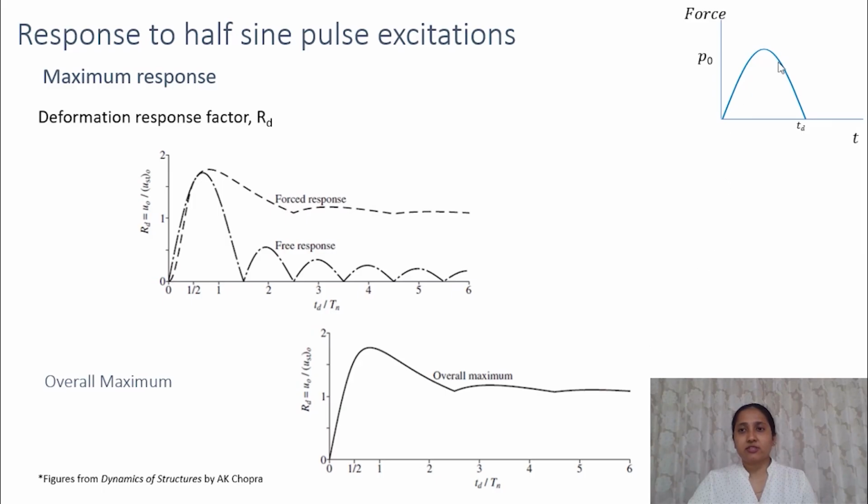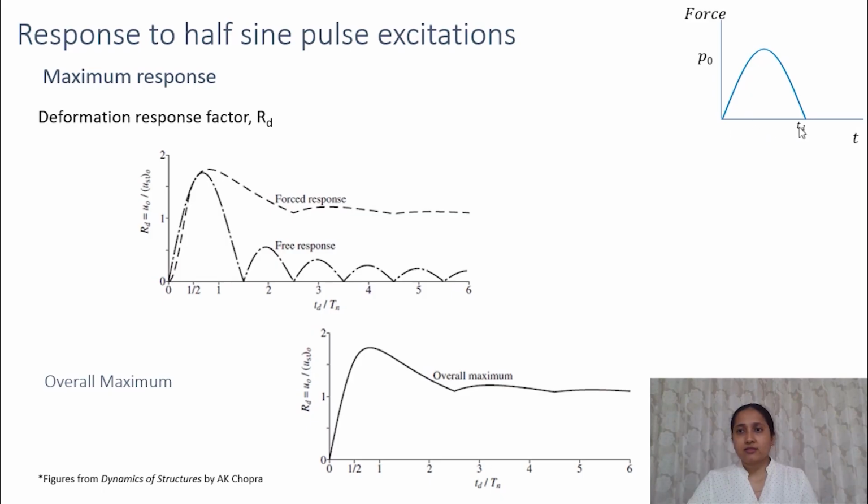But in the case of a sine pulse, the application of the load is gradual. It increases from 0 and gradually reaches P0. So the dynamic effects are lower in this case, and that's why the maximum amplitude is less than 2.